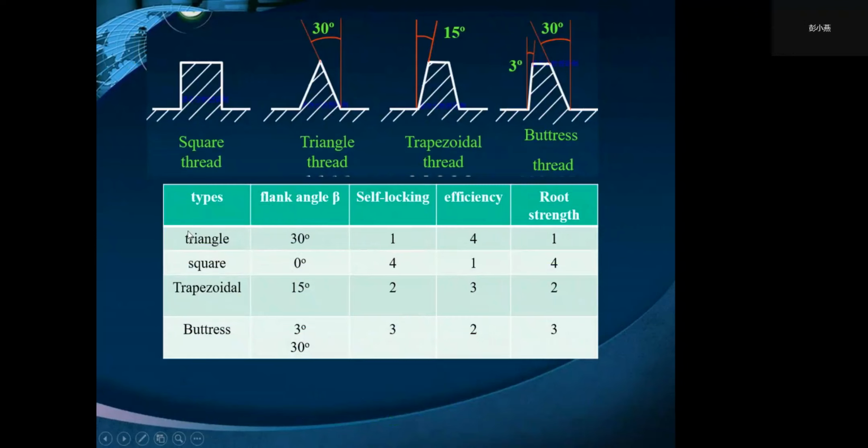So, for triangle thread, it has good self-locking and root strength. And for square thread, it has good efficiency. And the triangle thread is joint screw thread, and square, trapezium and buttress thread are driving screw thread.